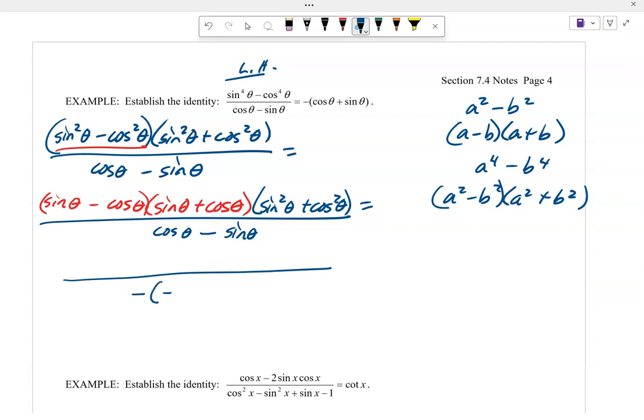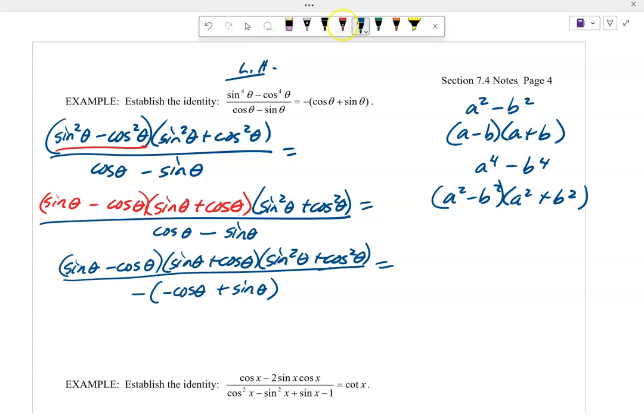Then I would have negative cosine plus sine. See how that's the same thing if I distribute that negative back? Up here, let me rewrite everything up here. Sine minus cosine. Sine plus cosine. Sine squared plus cosine squared.